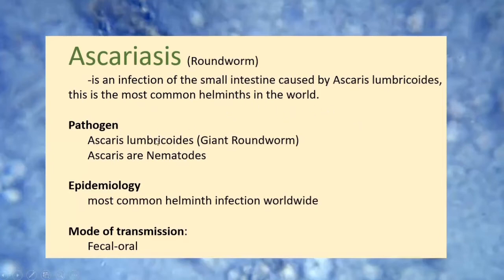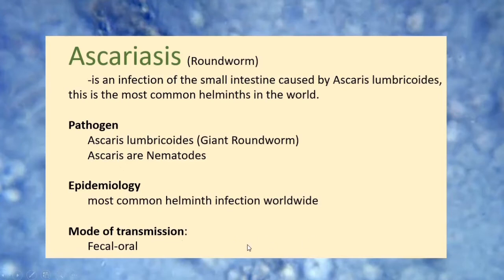The pathogen of Ascariasis is Ascaris lumbricoides, which is a giant type of roundworm, and Ascaris are also nematodes. The epidemiology of this disease: it is the most common helminth infection in the world, mainly affecting children in tropical countries with low standards of hygiene. The mode of transmission is fecal to oral.